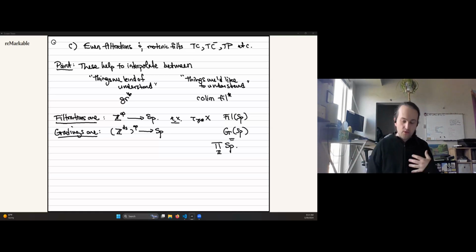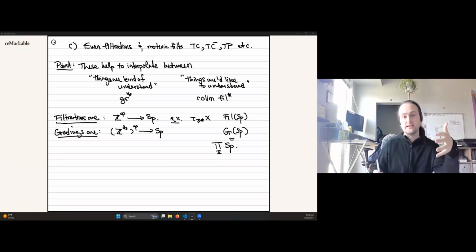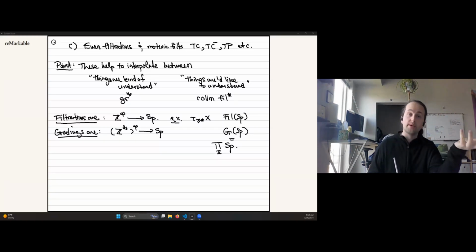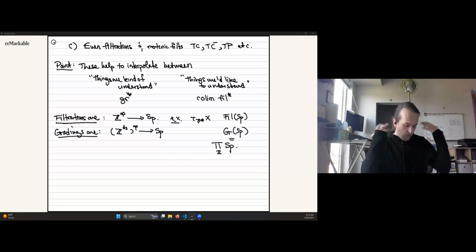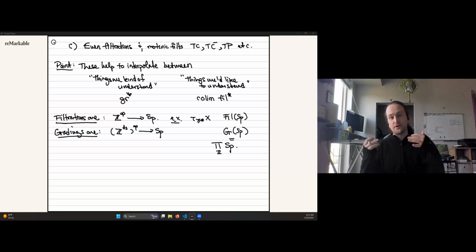Okay, and these categories have really good properties. I'm going to say a bunch of words here, but essentially the point is that in these cases, the integers are a symmetric monoidal category given by addition. Formally this allows you to produce symmetric monoidal structures on the categories of filtered and graded spectra.